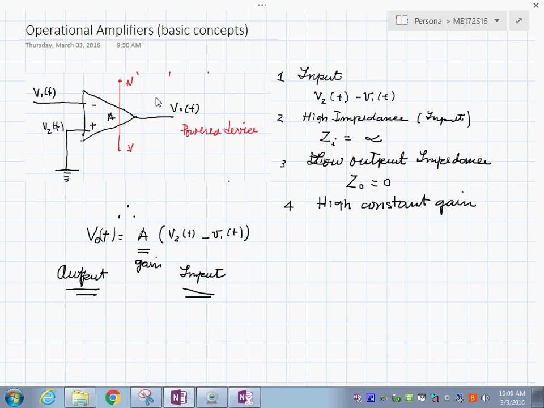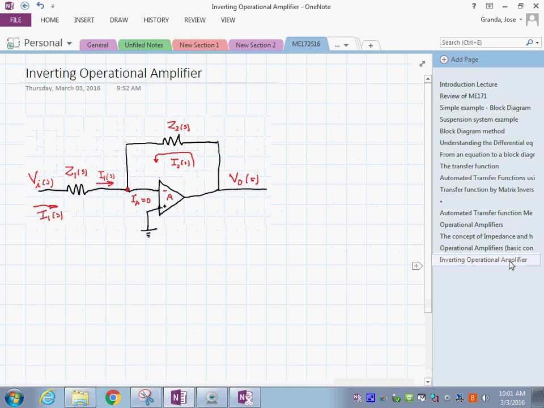So let's look at an example. As you now have on the screen, we have put this device in a circuit. Let me first lay the foundation as to how we are going to solve this operational amplifier circuit.